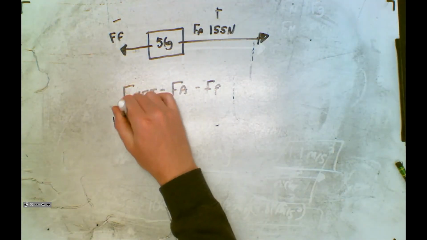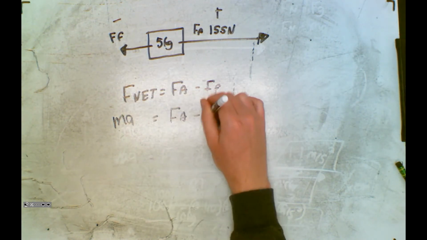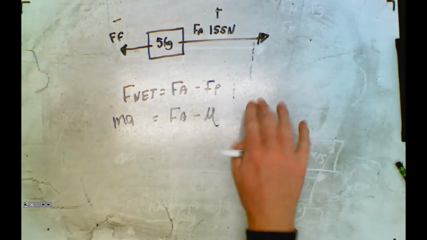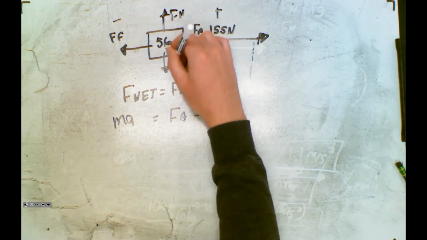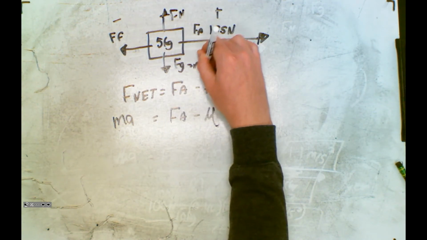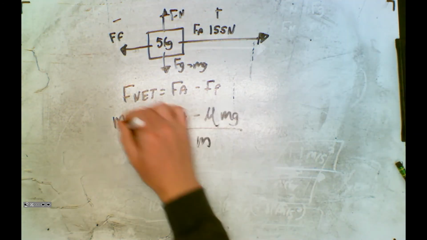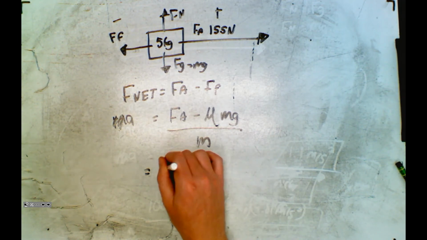We break this down into ma. We don't break that down, and this we break down into μFn, and we also know that force normal is equal to force of gravity, and force of gravity equals mg, so I can break that down into mg. Okay, we move our m over here, and we can plug in our stuff.